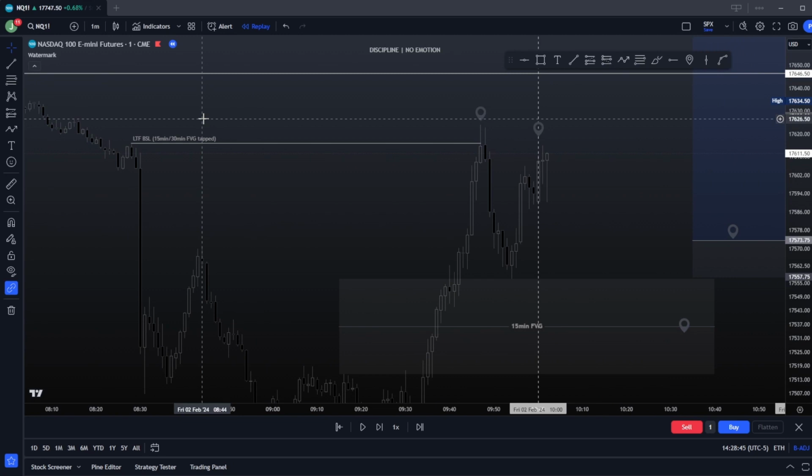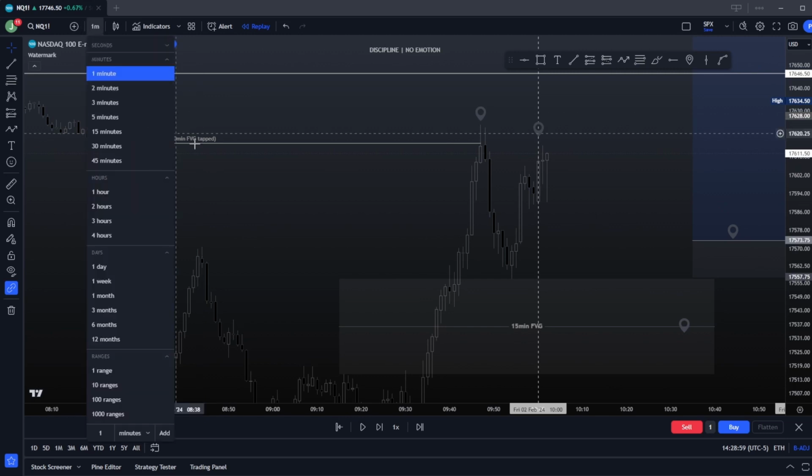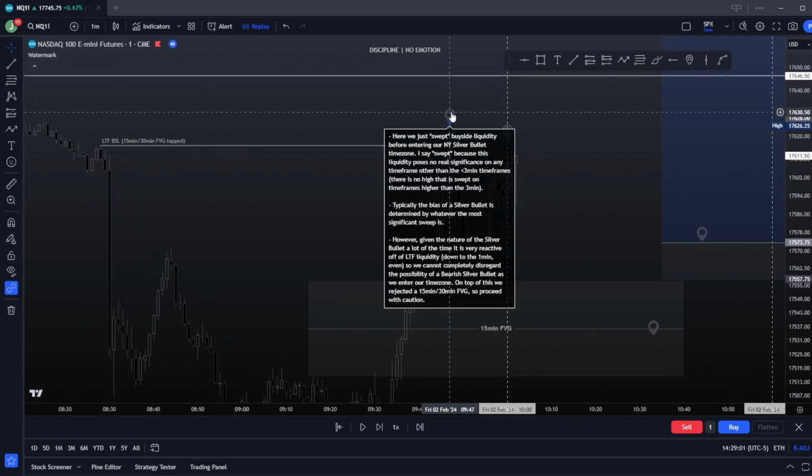But regardless, stay cautious, because there's never a guarantee in the market. There's never 100% possibility of something happening. So you've got to tiptoe around it. And given the nature of silver bullet, a lot of the time it is very reactive off of lower time frame liquidity.